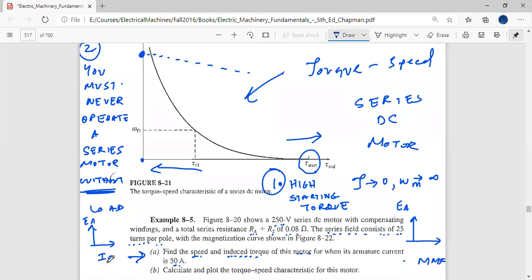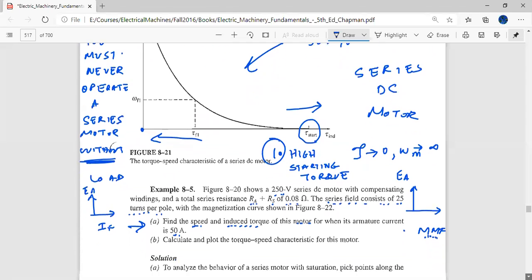But instead of giving it in the form of IF, you are giving it as a product of I and the number of turns per pole. So still this is an indication of the field of the machine. This is one difference that you will get in the topic of DC machines and in the topic of synchronous machines. So always remember this.